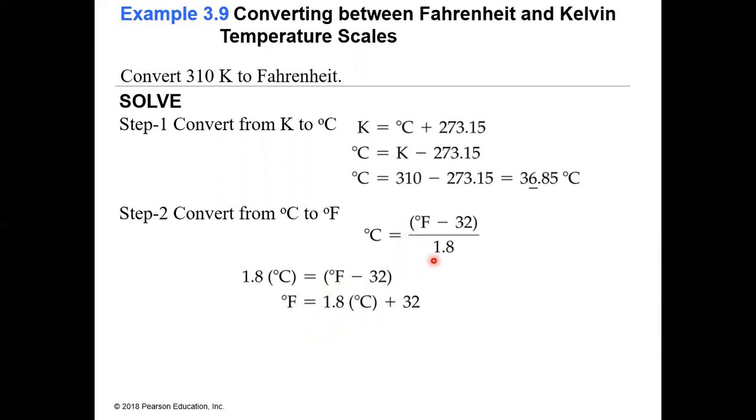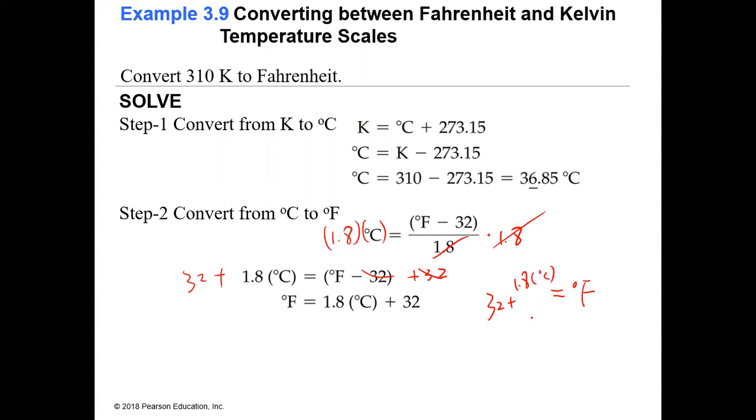We start from this equation and multiply both sides by 1.8. So we get 1.8 times Celsius, and the 1.8 cancels out. Then we add 32 on both sides, so the two 32s cancel out. Initially we get the Fahrenheit on one side, and then 32 plus 1.8 times the Celsius.